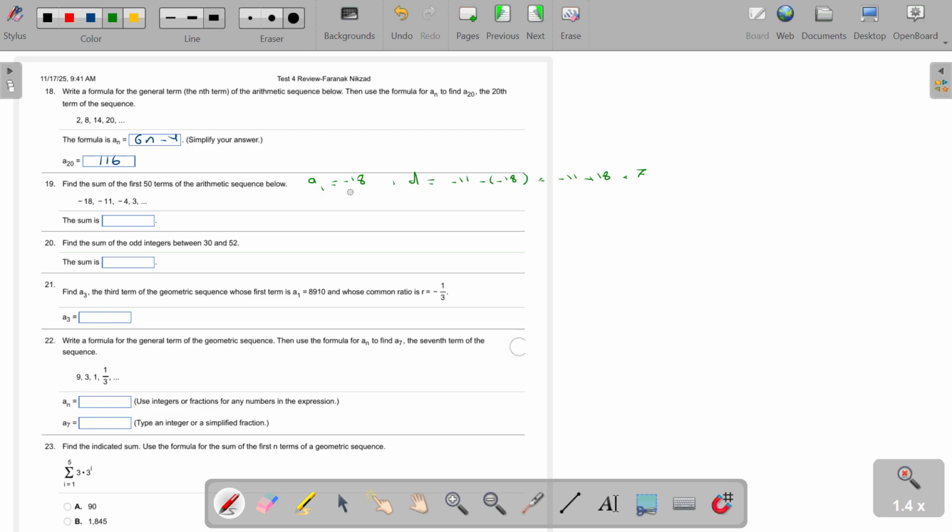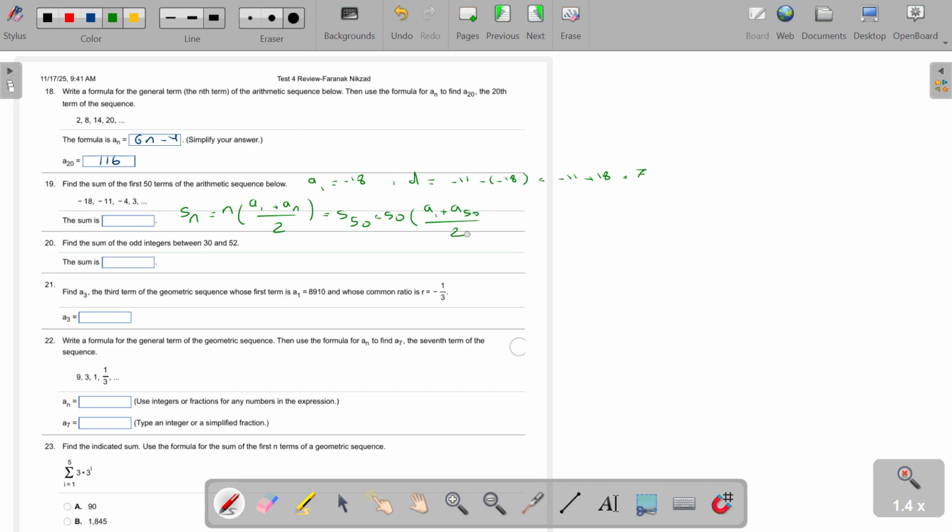Now, if I want to find the sum of the first 50 terms, I need to use this formula: Sn, the sum of the n terms, equals n times a1 plus an, divided by 2. So first term plus the last term, which is the 50th term here, because I want to find S of 50. So I need to do 50 times a1 plus a50, divided by 2.